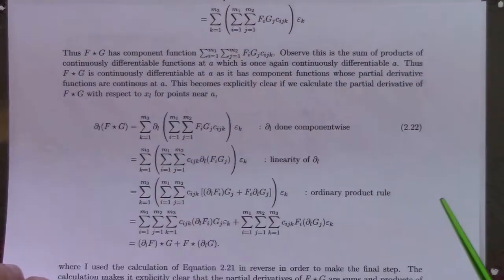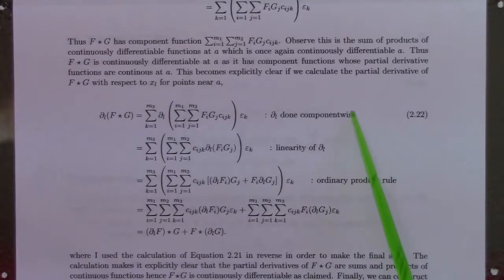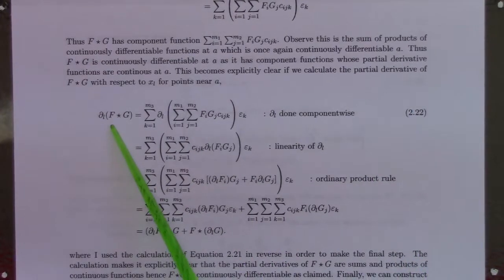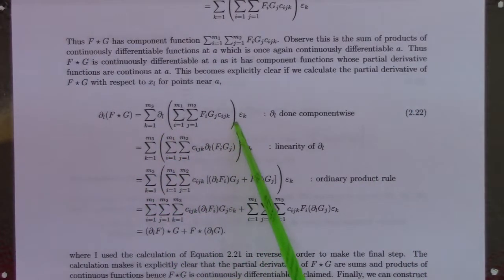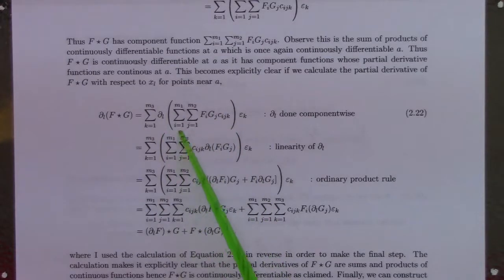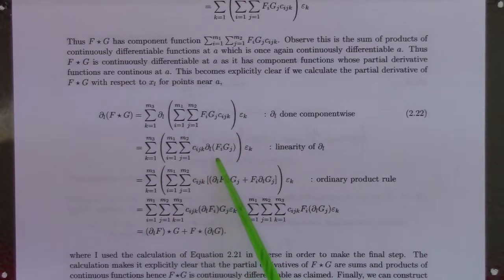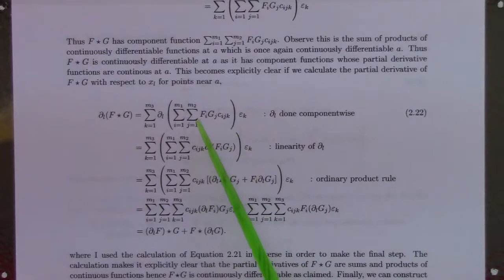Let's look at that. So here it is. Partial derivative of f star g is the partial derivative of this. How do you differentiate? Component function by component function by component function. So I pull the constant out because it's constant, and then we're left with the derivative in the nth direction of f_i g_j, plain old ordinary garden variety product rule, a bunch of times, gives me that.